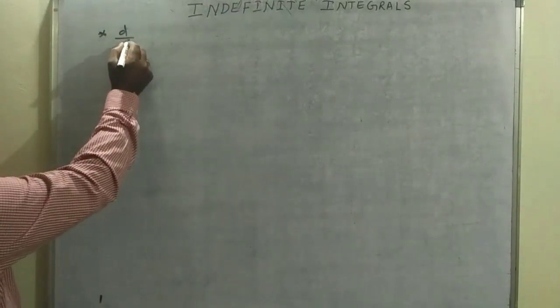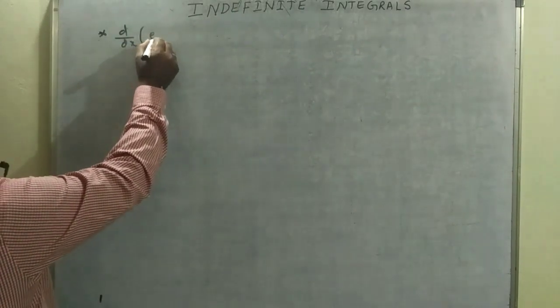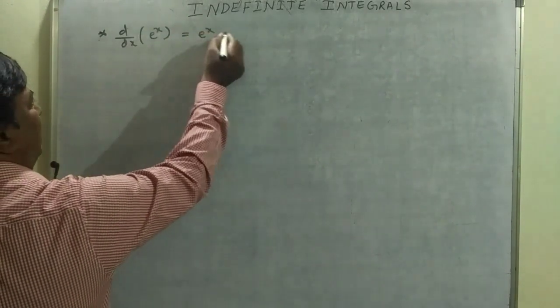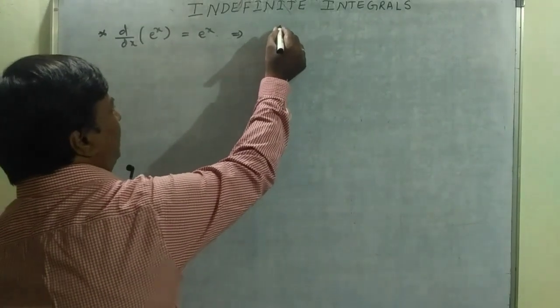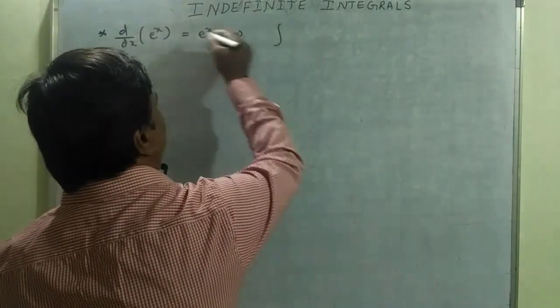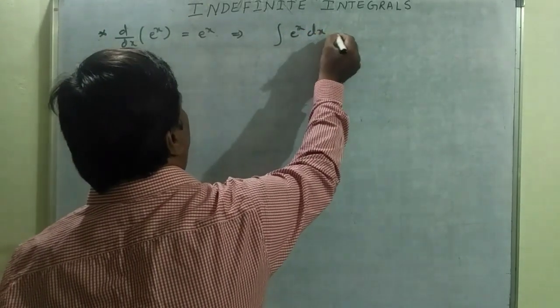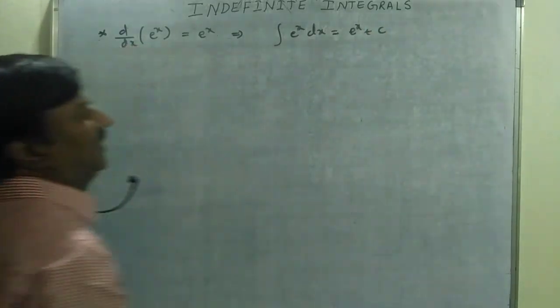Derivative of e to the power of x: d by dx of e to the power of x is equal to e to the power of x. From this, the reverse process of differentiation becomes integration. That is, the integral of e power x is equal to e to the power of x plus c.